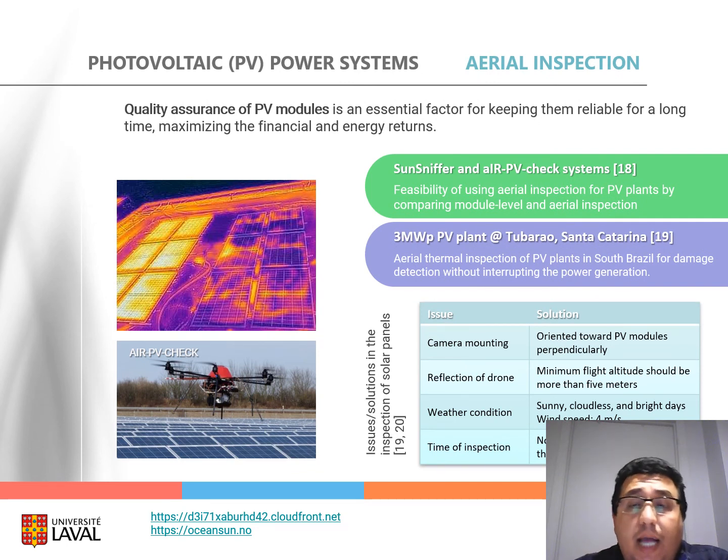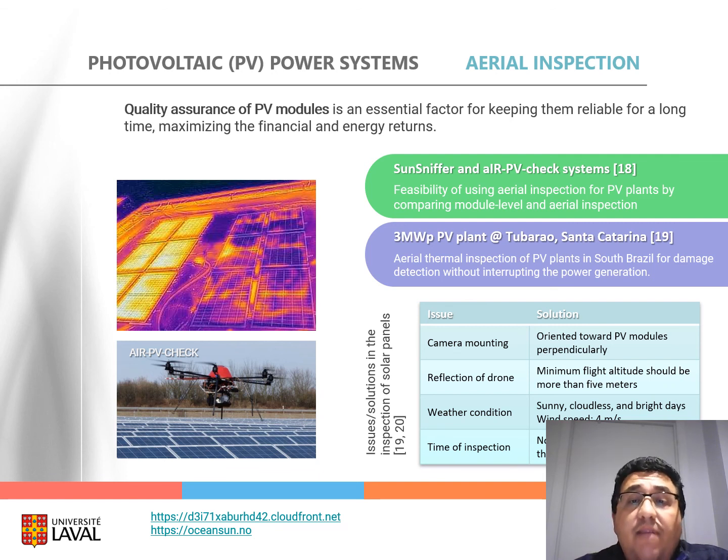Aerial inspection has many applications. Here we review some of these applications and the studies in that area. The first one is inspection of PV power systems. Quality assurance of PV modules is an essential factor for keeping them reliable for a long time, maximizing the financial and energy returns.